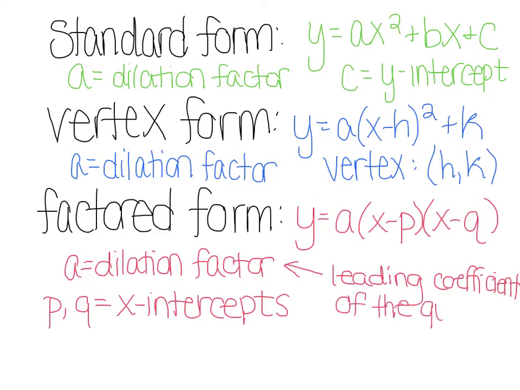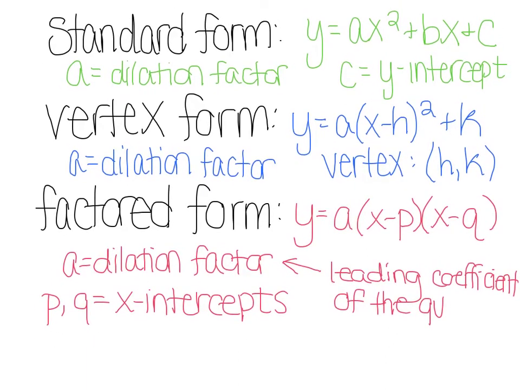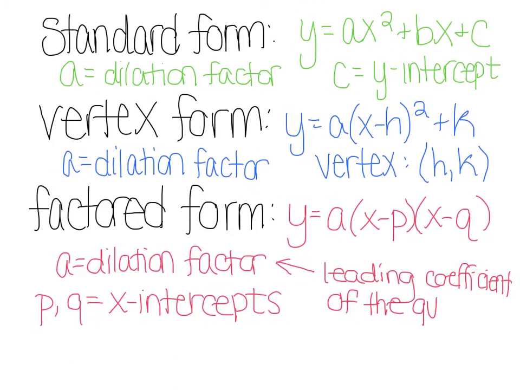So when you multiply the factored form out, the leading coefficient of the quadratic term is going to be your dilation factor. So we're going to look at an example of this just so I can further explain where you need to be careful when you have factored form.